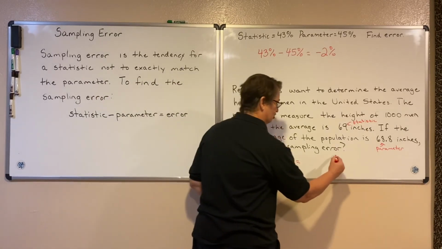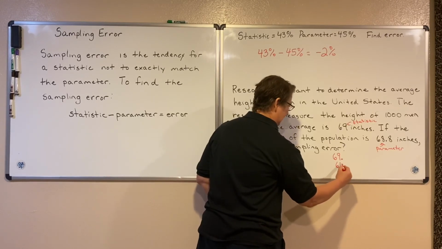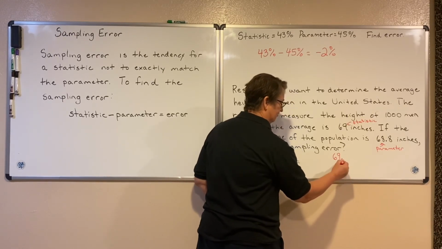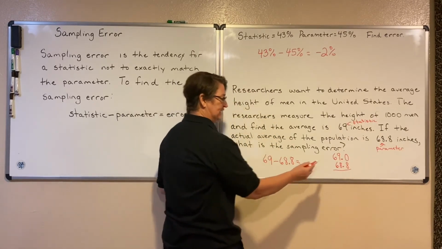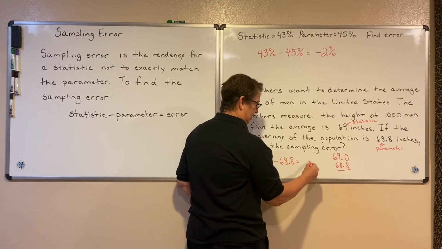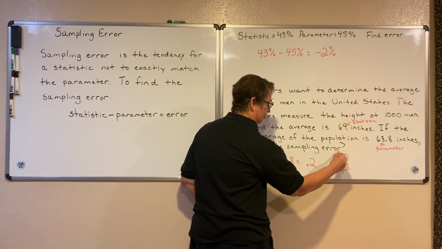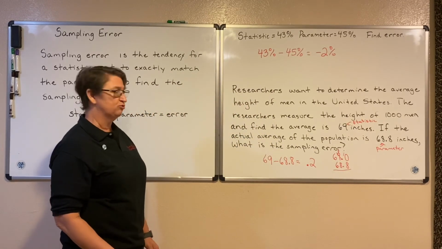Remember, when you subtract, you've got 69 point, and here's 68.8. Line up your decimals, put a 0 there, and then just subtract. I need 2 more tenths to get to that. And then maybe you borrowed from here to get there. So that is just equal to 2 tenths.